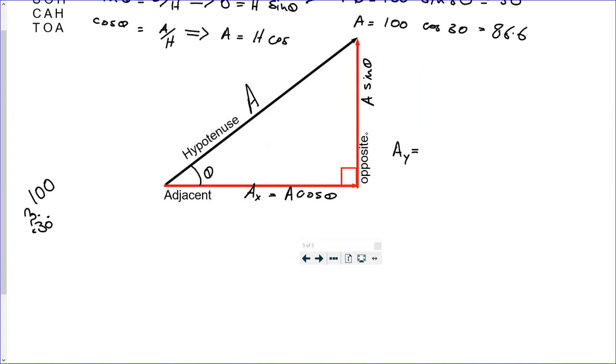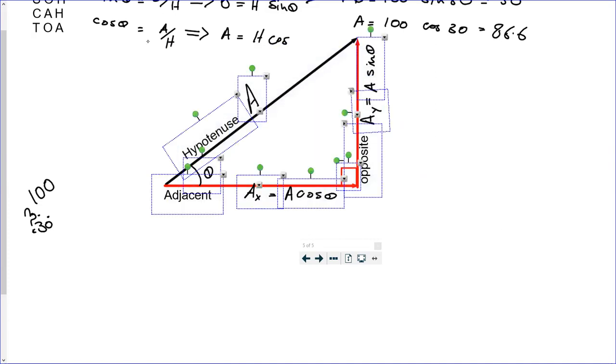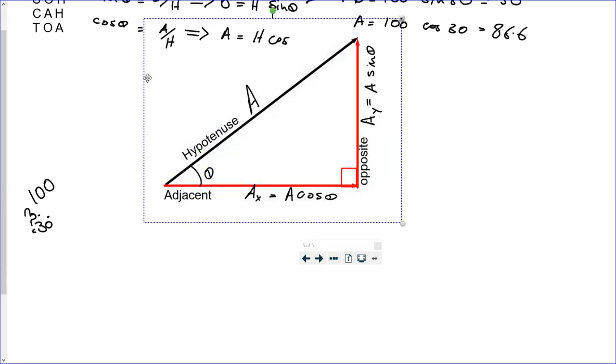No doubt in 70 to 80% of cases Ax will be A cos theta and Ay will be A sine theta, but this is not the rule. The rule is opposite and adjacent. Opposite to theta will be the sine component, and adjacent to theta will be the cos component. That's the rule.